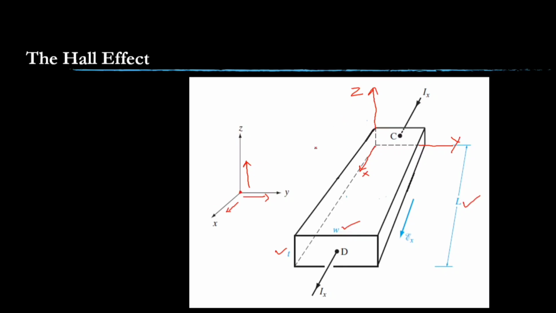One more thing I want to say, that this is a p-type semiconductor. In a p-type semiconductor, you know, the majority charge carriers are holes. I have applied an external electric field.